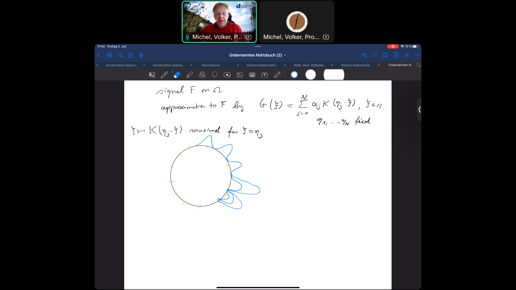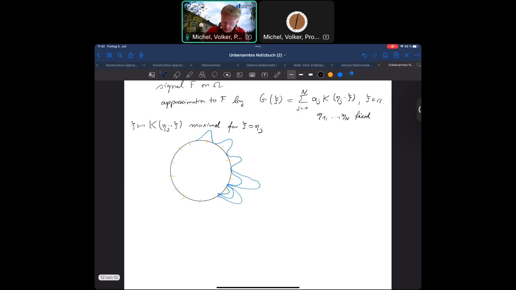Now, the big question is, how do I get my approximation G? And there are different ways of doing that. So how do I get G? The enumeration does not mean any priorities. It's just an enumeration.